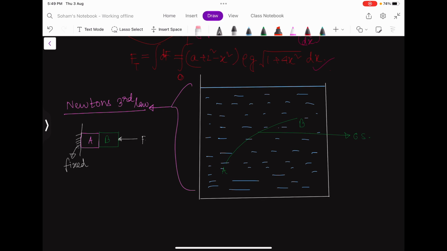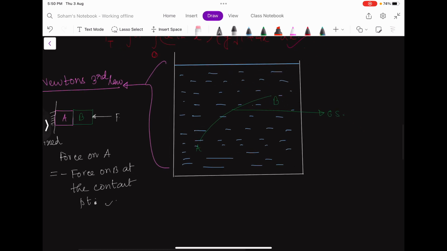If I have to calculate the force on A, then that will be minus of the force on B at the contact point, right. So this is Newton's third law.